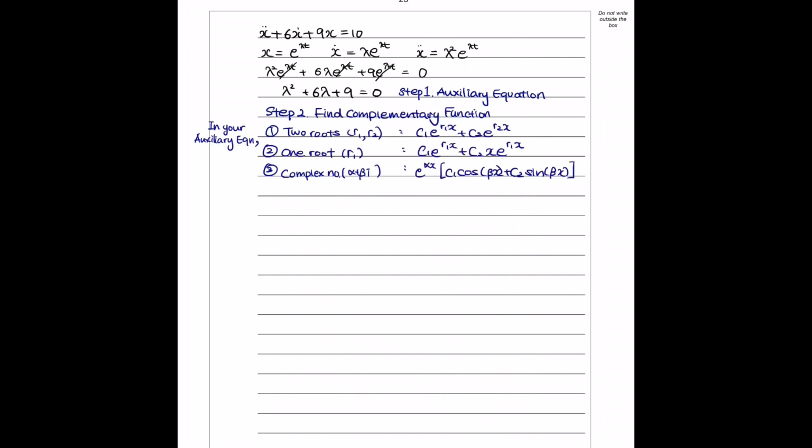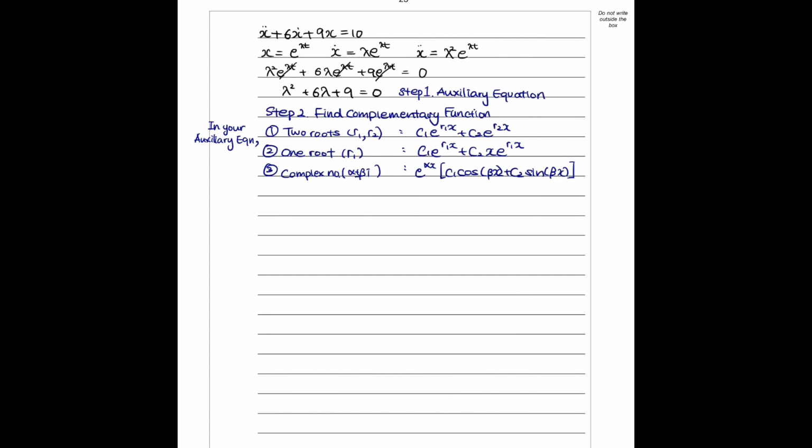In your auxiliary equation, there can be 3 cases: you have 2 roots, r1 and r2, or 1 root, r1, or complex roots, so you have an imaginary number in your root, say of the form alpha plus minus beta i. In the first case, you're going to have c1, which is a constant, multiplied with e to the power of r1x, plus c2, another constant, multiplied with e to the power of r2x.